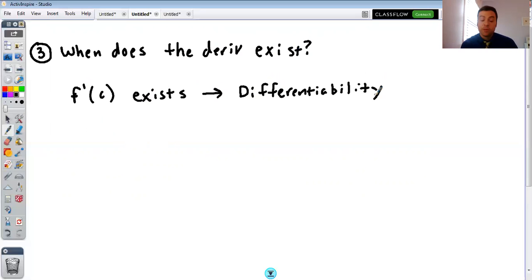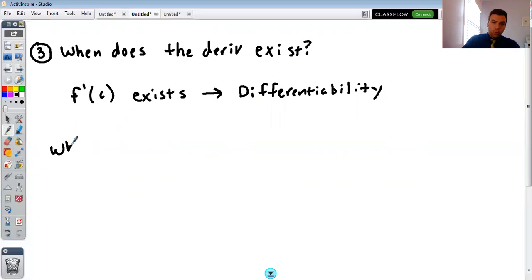So if a function is said to be differentiable at a point, that means that its derivative exists at that point. So the slope exists on the curve at that point. If we were to say that a function is differentiable over its entire domain, that means the derivative or the slope would exist at all points where that function is defined.